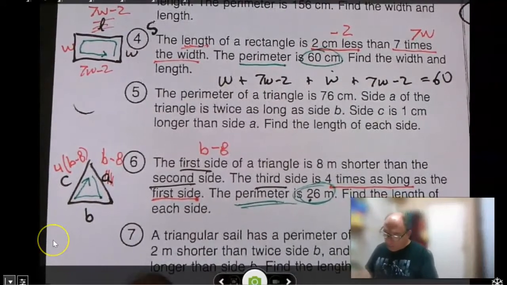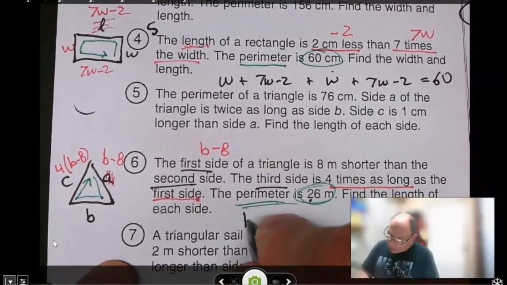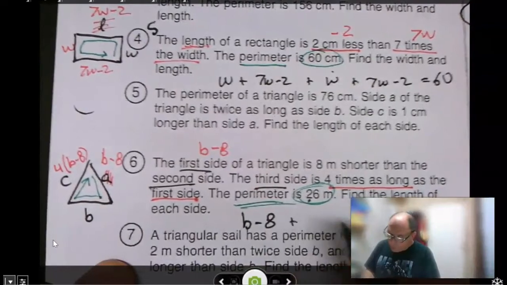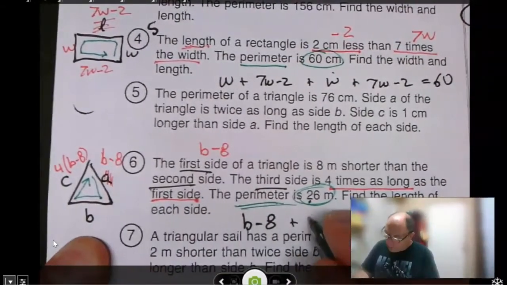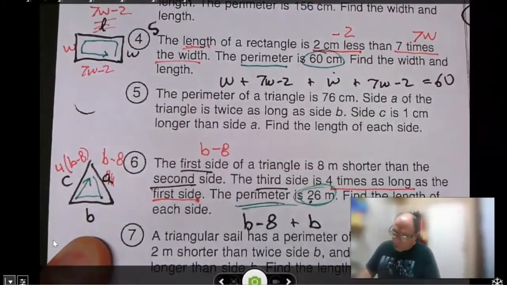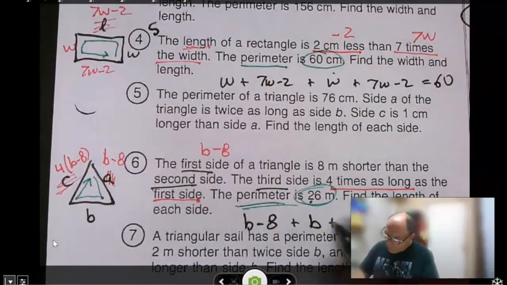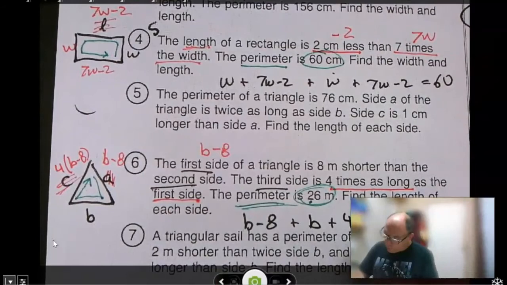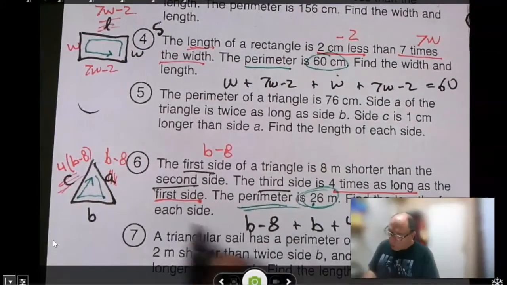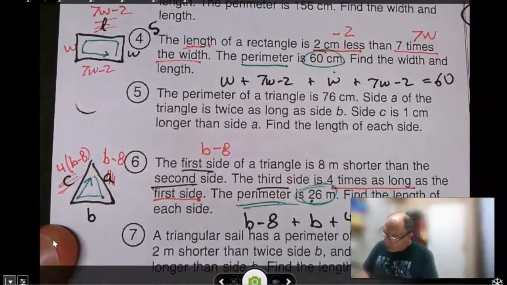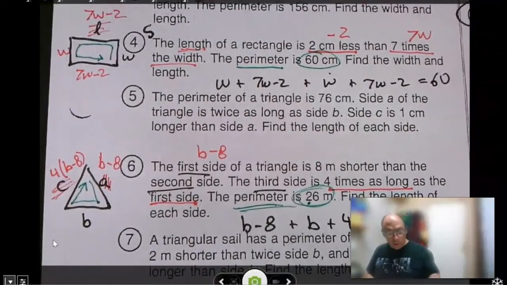So let's go add this up. First side is B minus 8. The second side is just B. And the third side, not using C anymore, is 4 times B minus 8. And all together, that perimeter equals 26.